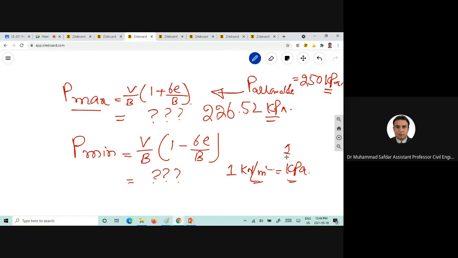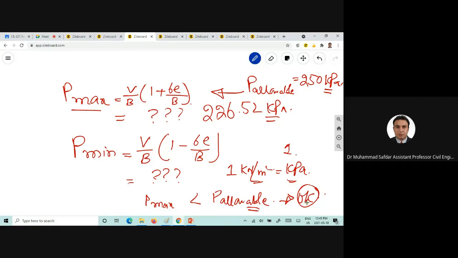Okay, 1 kPa. So now we can clearly see that P maximum is less than the P allowable. So the bearing resistance limit state is satisfied. Okay.